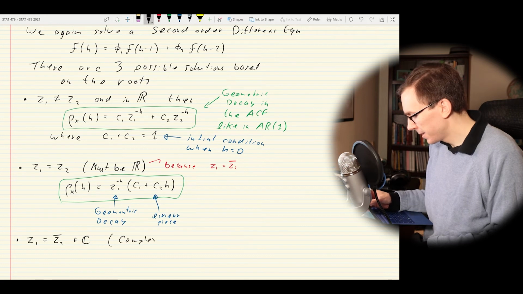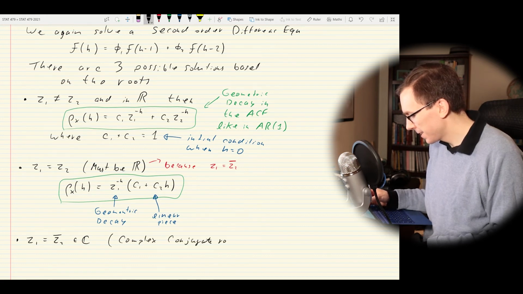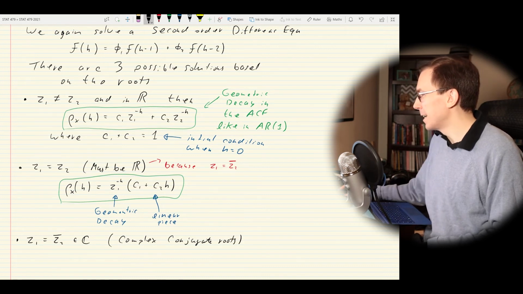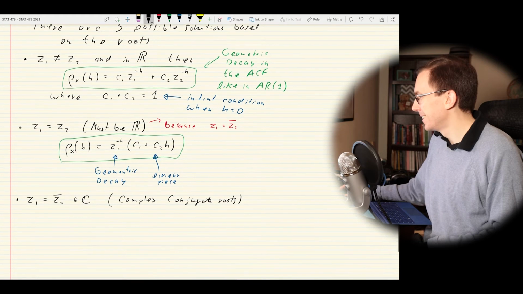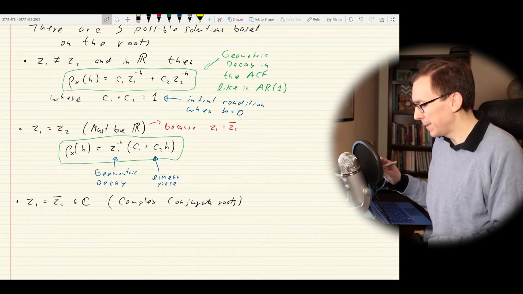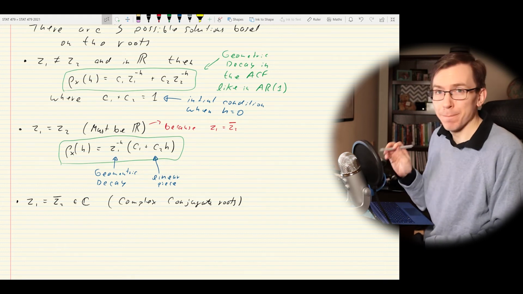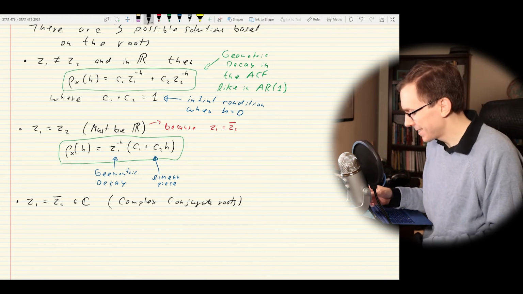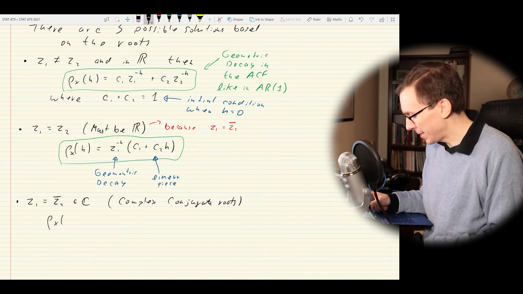These are complex conjugate roots. Well, now things become a little bit more interesting. You get the exact same thing you did up in the green box for Z1 not equal to Z2, but because they're complex conjugates, you can get some interesting behavior out.